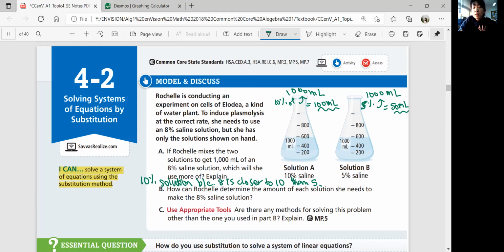So you can write another equation: 0.1x plus 0.05y is equal to 80 milliliters, right? Because if you end up with 8% of 1,000, that is 80 milliliters. So why don't we write that down?